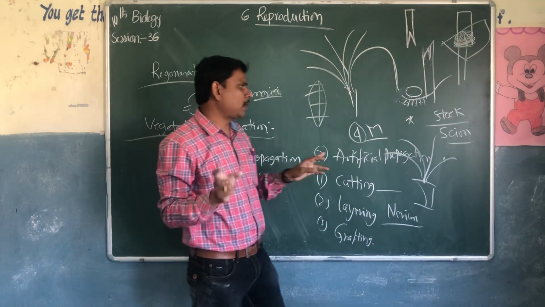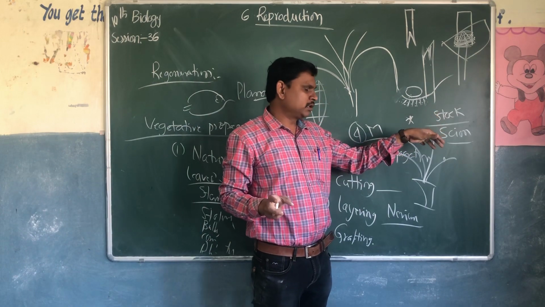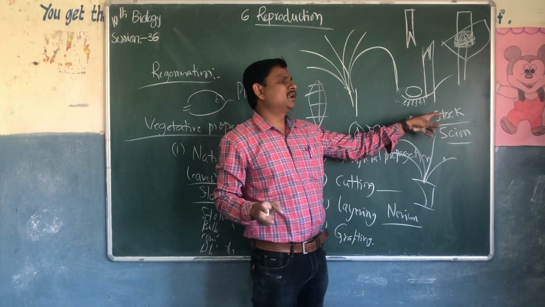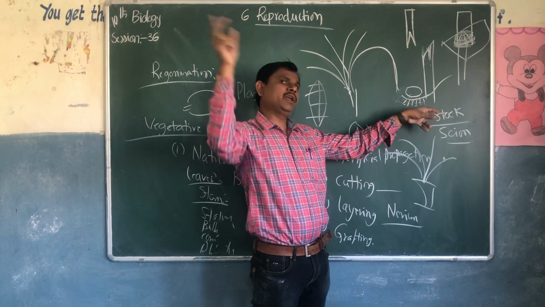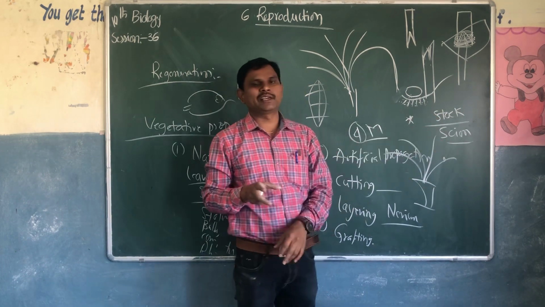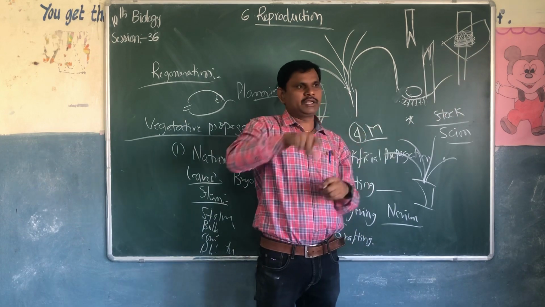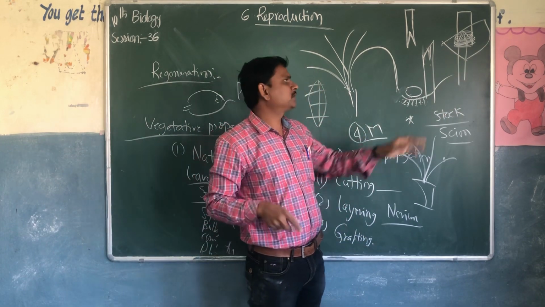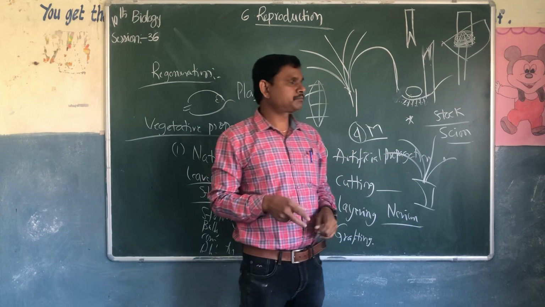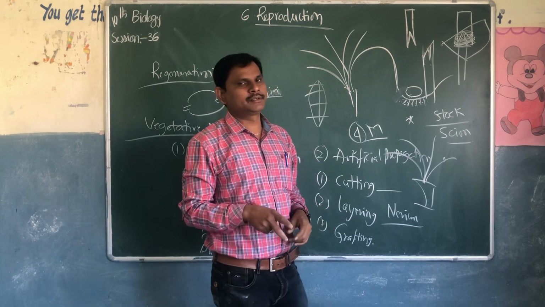You should remember two parts here. The one attached to the ground is called the stalk. The stem we graft from another plant is called the scion. We made it tight with ropes or threads, and we kept a polythene cover.